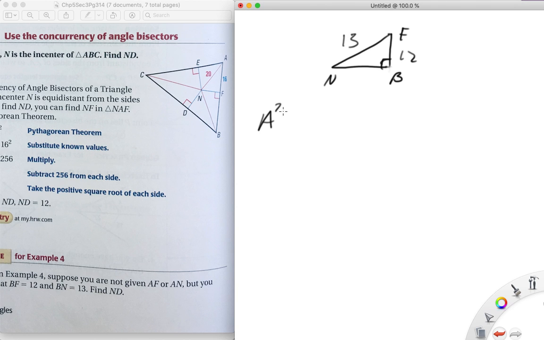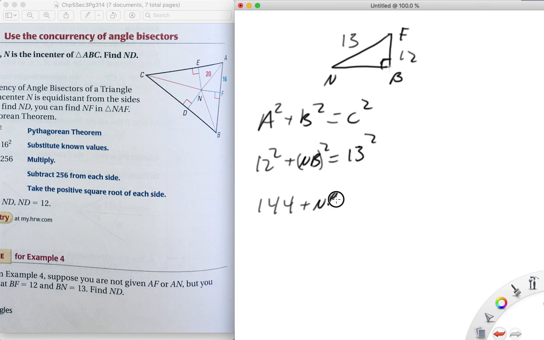So it's a squared plus b squared equals c squared. So that's 13 squared equals 12 squared plus, let's just call it NB squared. Okay. 144 plus NB squared equals 169, I believe.